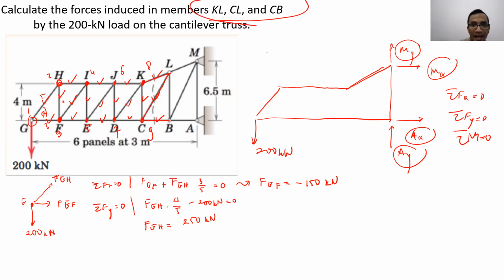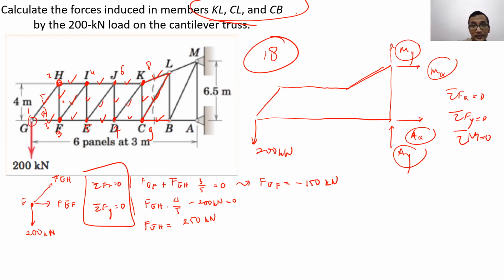So in order to solve for these 3, we need to solve for 9 joints, which means we have to solve 18 equations, right? Because at each joint, we have to solve 2 equations, sigma Fx and sigma Fy equal to 0. And that's too much. Why?